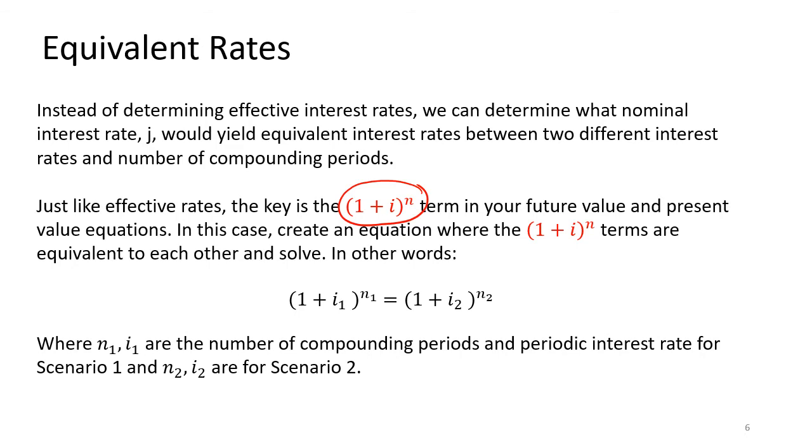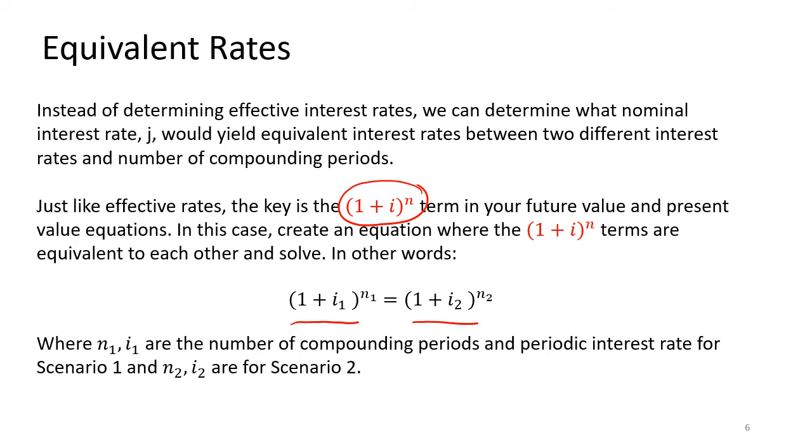So in other words, when you're trying to figure out equivalent rates, you have to set those two equations equal. 1 plus the periodic interest rate for the first scenario, the exponent n, or the number of compounding periods for that scenario, has to be equal to 1 plus i, the periodic interest rate for the second scenario, raised to the exponent n2, or the number of compounding periods for that second scenario.